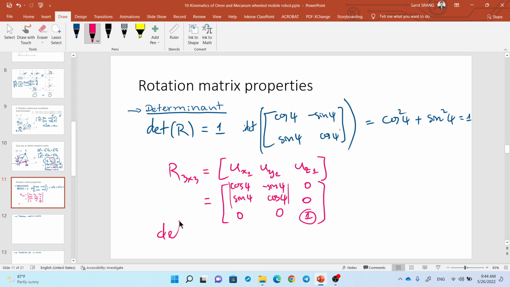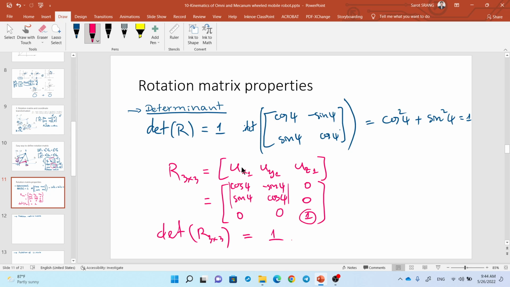So still the determinant of the whole 3 by 3 is 1. Okay, always. Even for rotation about an arbitrary axis, a rotation matrix always has determinant 1.